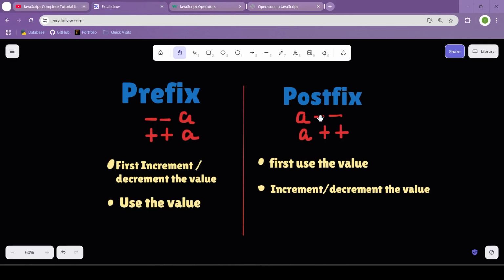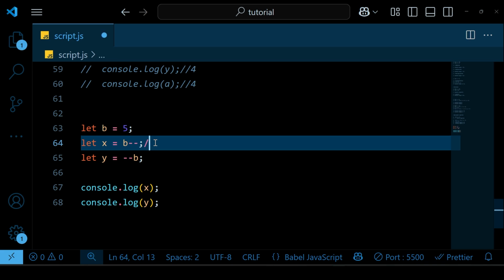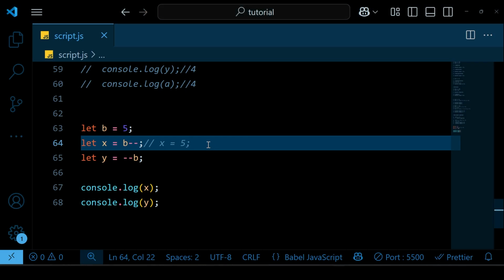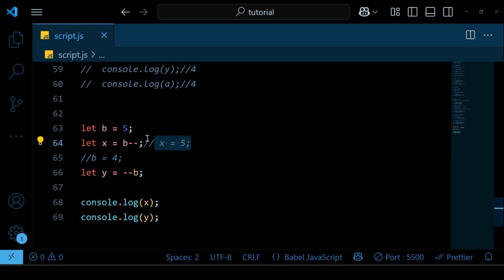For the postfix, it says first use the value. So x will use the value, that is simply 5. Then it says after using the value, increment or decrement the value. So after using, we decrement: b was 5, now b becomes 4. We first used the value 5, then decremented it by 1.